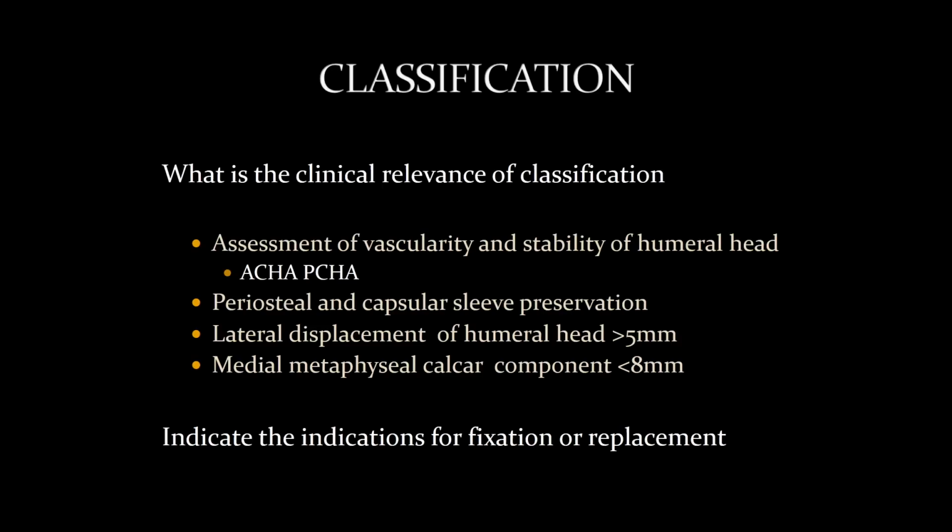And then we need to look at the periosteal and capsular sleeve, the amount of lateral displacement of the head, if that's more than 5 millimeters, and then, as described, the medial metaphyseal calcar extension of less than 8 millimeters indicates that you have less chance of any vascularity to the head. And this vascularity of the humeral head is what you really need to be aiming for, because that is what will determine whether your fixation or replacement will work.